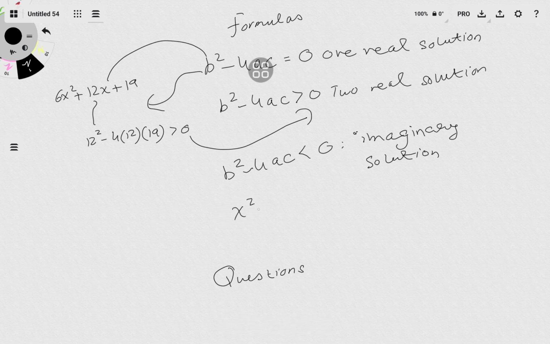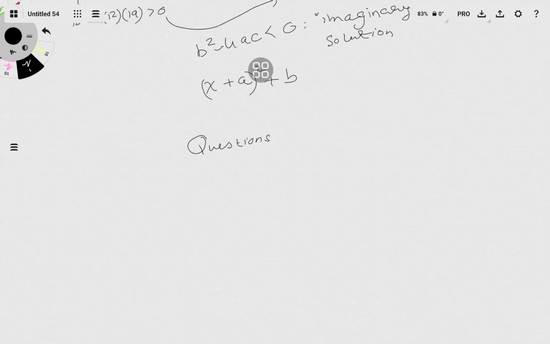There is also the completing the square form, which is basically a form of the formula x plus a square plus b. There are also some other forms depending on the values of the a's, b's and c's.